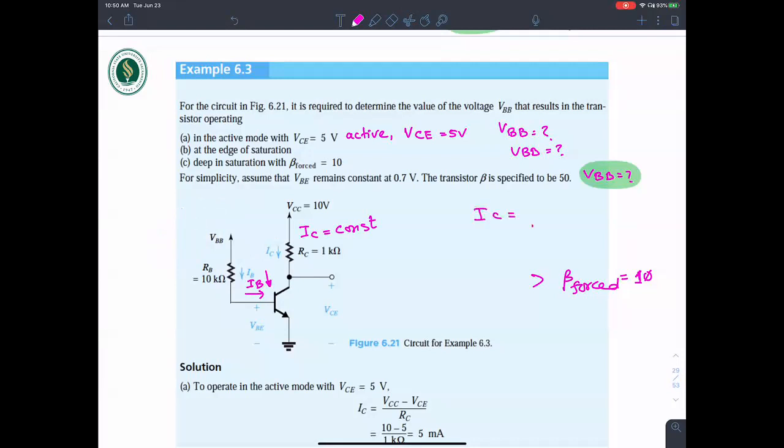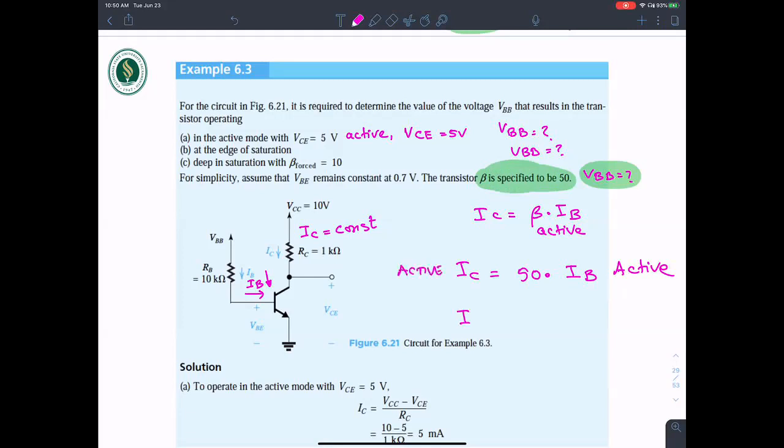You know IC is beta times IB. Let me write it out here. IC is going to be 50 times IB in the active region, because beta is given to be 50. Now in the saturation region, IC is going to be 10 times IB, because beta forced is given to be 10.